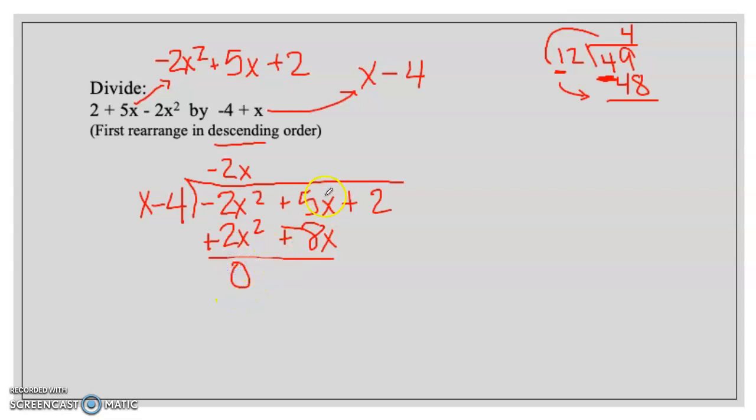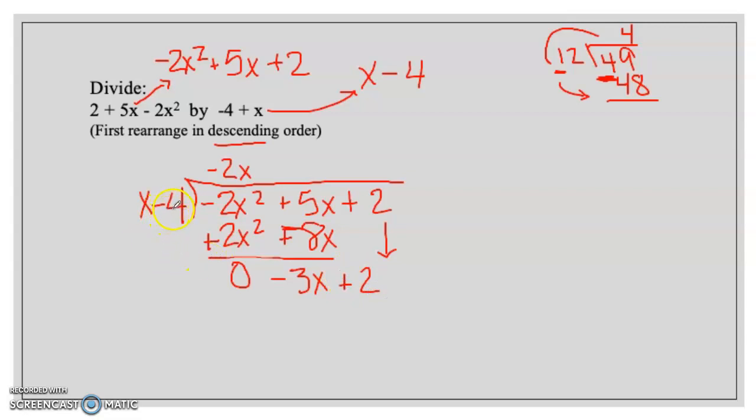This is 0, and negative 8 and positive 5x is negative 3x. So that's sort of my remainder. So x minus 4 goes into the first 2 terms negative 2x times. Negative 2x times that first part equals this. Everything opposite, add. Now I bring down my next term, which is plus 2.